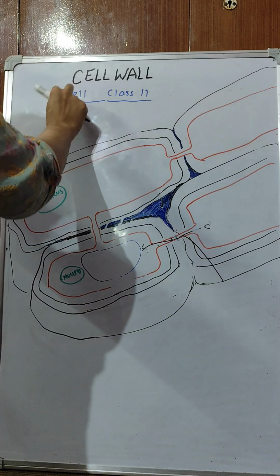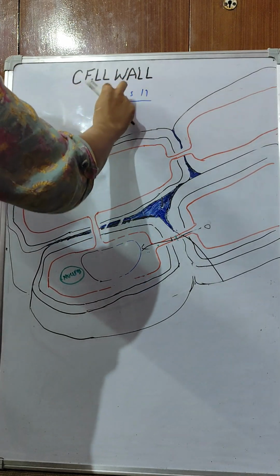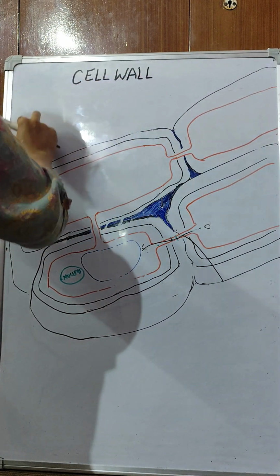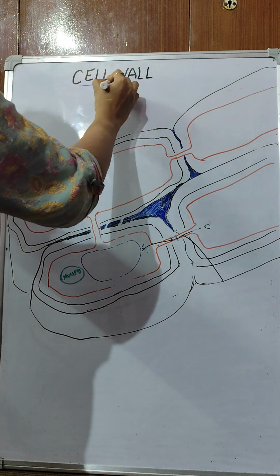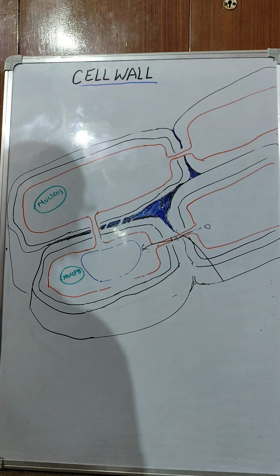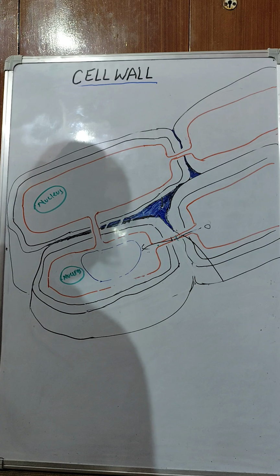Let's get started. So today we are going to start the cell component with the cell wall, and we all know this is the outermost covering of eukaryotic cell, but it is not present in all eukaryotic cells.